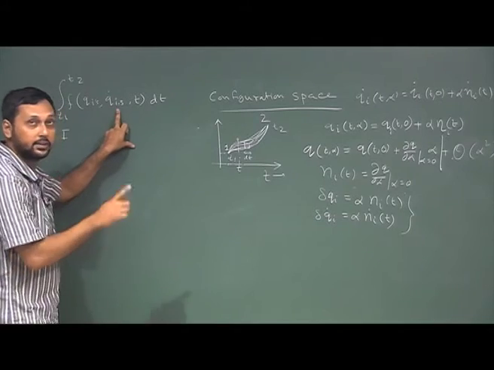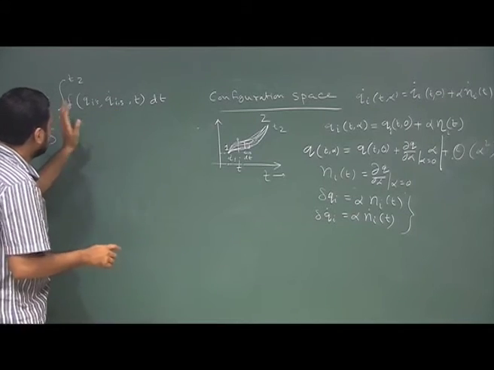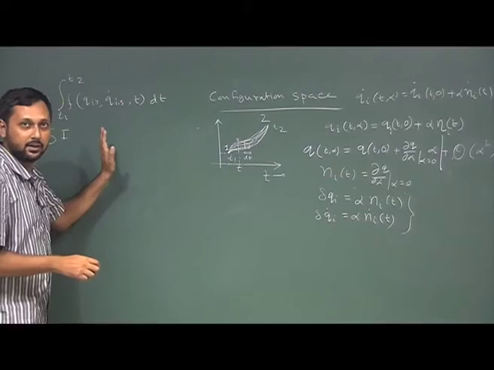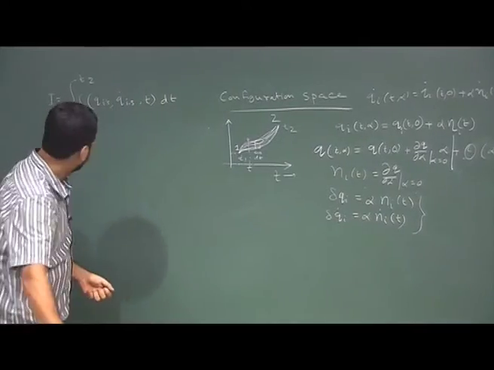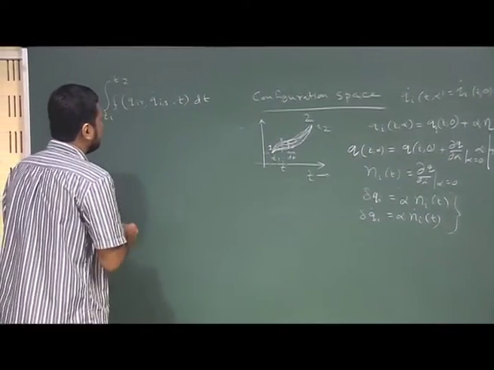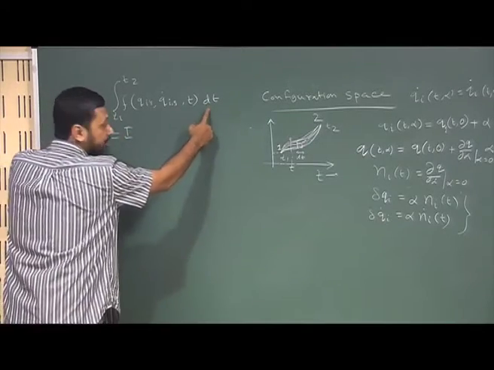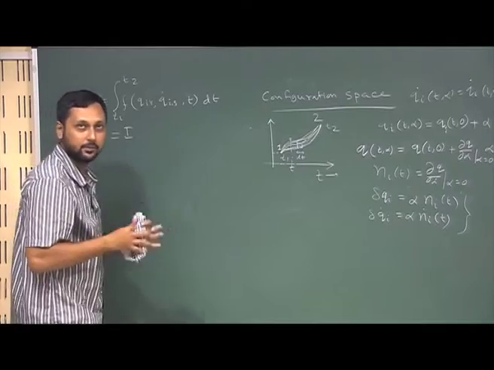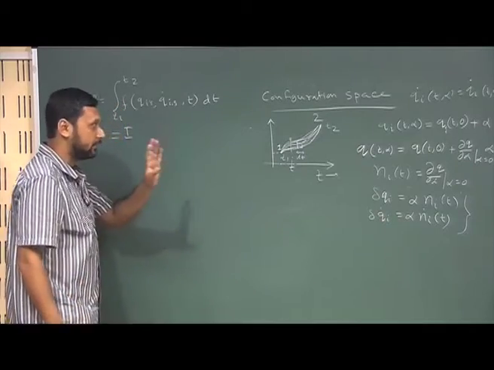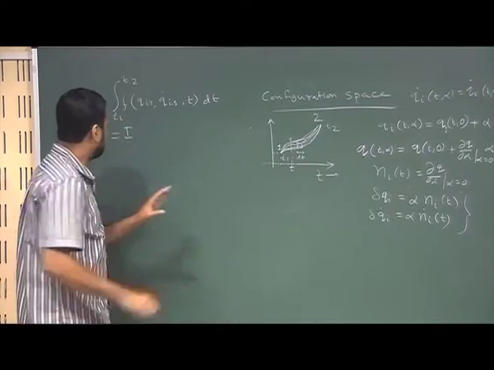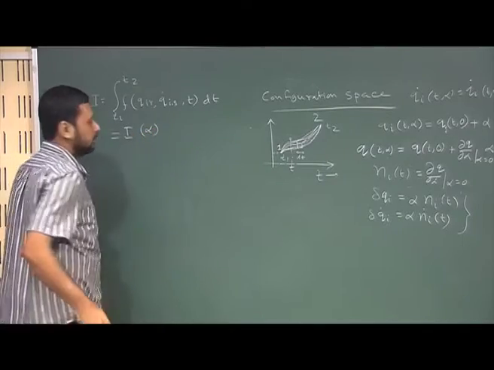If you see, the q's are functions of t and alpha, q_i dots are also functions of t and alpha. So, if I integrate the time part, what remains after this integration are the alphas, because alpha does not depend on t. So, we have I of alpha.